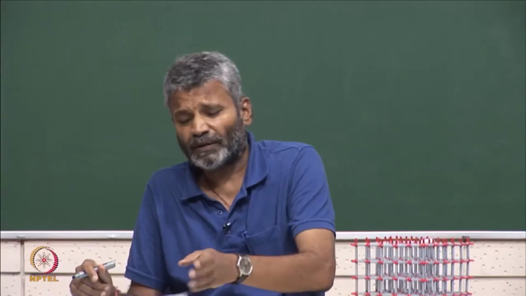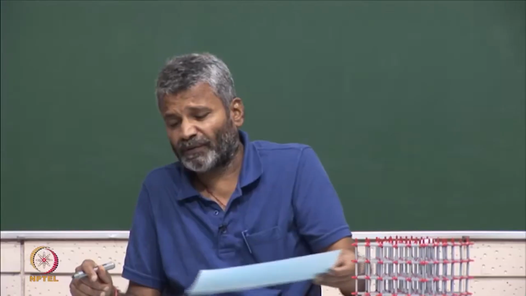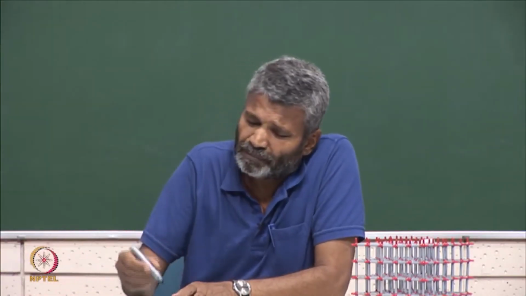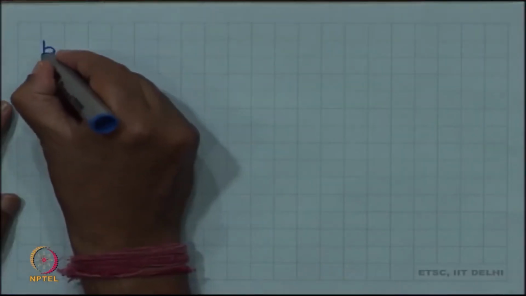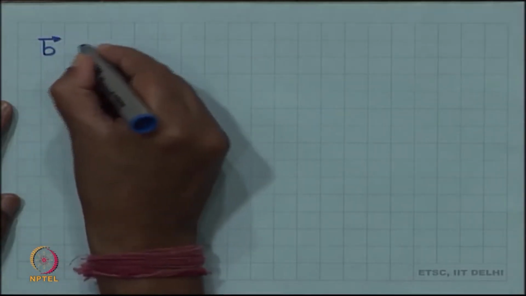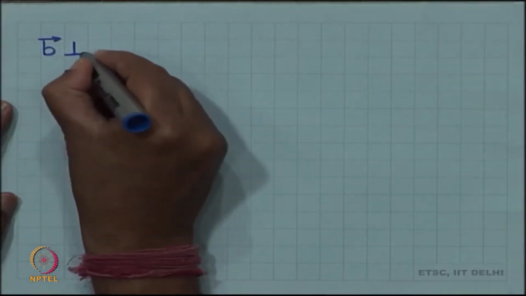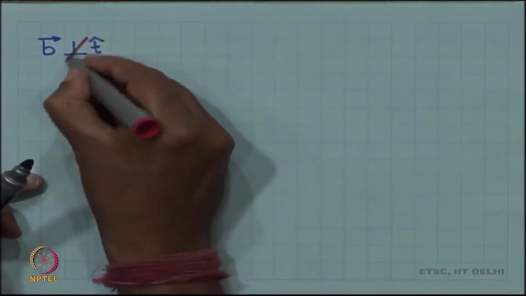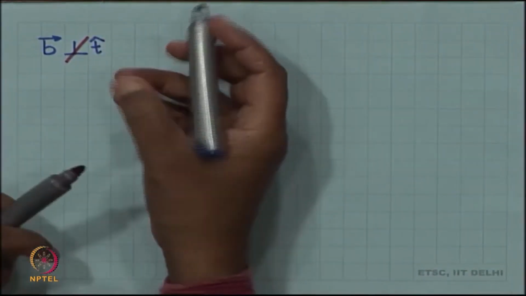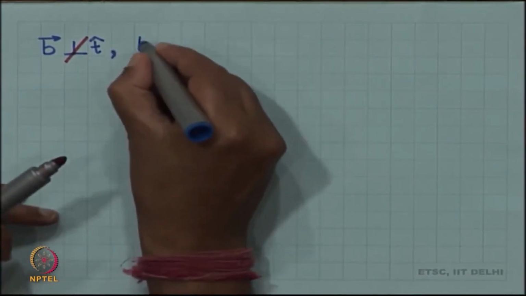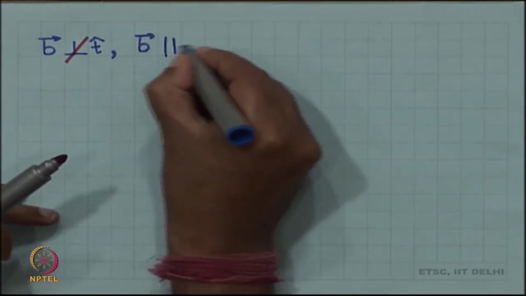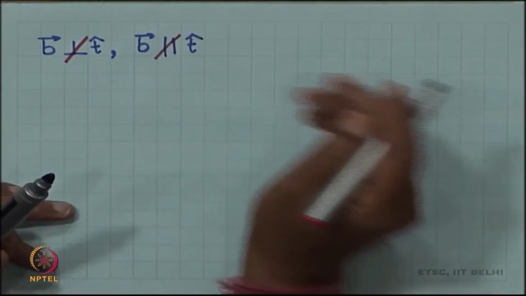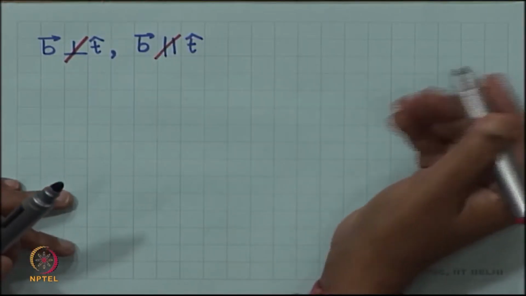You can easily think that both of these are special cases, and a much more general case one can think of where B is at some angle to T, that is B is not perpendicular to T, and nor is it parallel to T. It is neither edge nor screw, but it is at some angle.